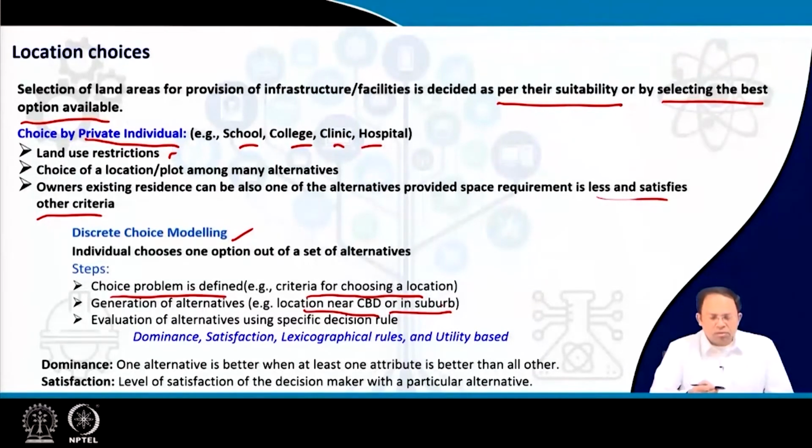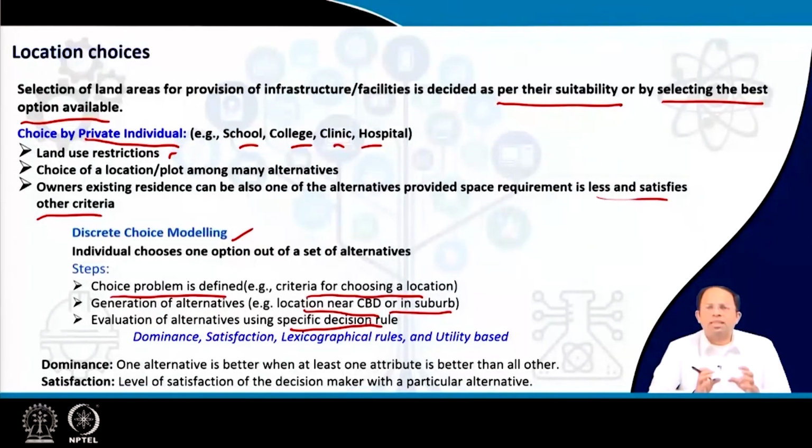So once this choice problem is defined and some criteria is put in, we can come out with the final set of alternatives which is in front of him from where he has to choose. Then comes the evaluation of the alternatives using a specific decision rule. So now in front of him there are, suppose, 5 alternatives and he has to choose one.